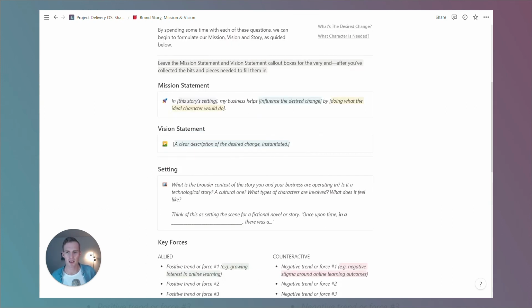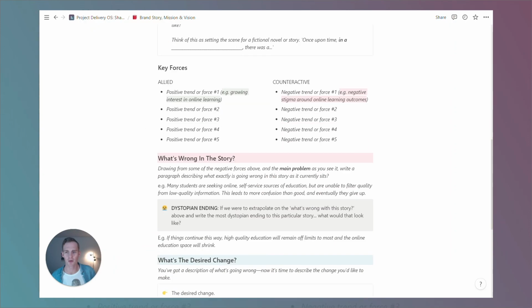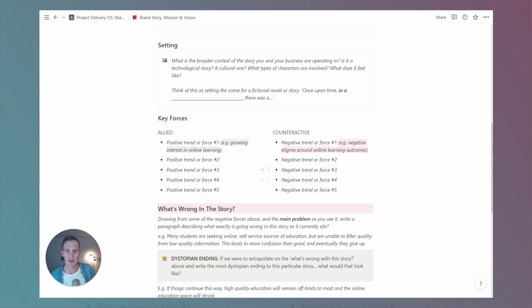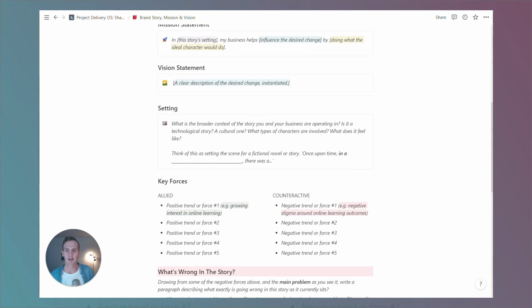So just to wrap this up then, we've worked through these 5 key questions. We should have quite a large brainstormed list of ideas and things that still need to be figured out and developed further.